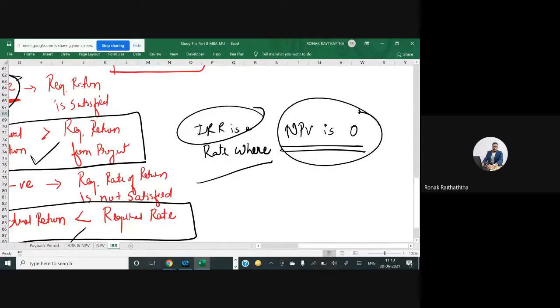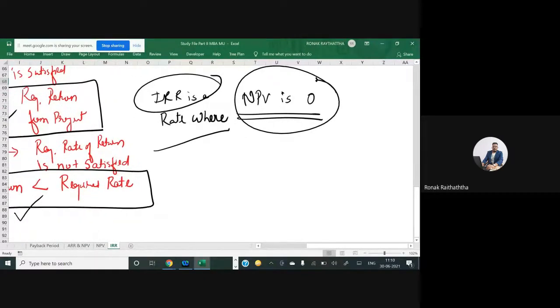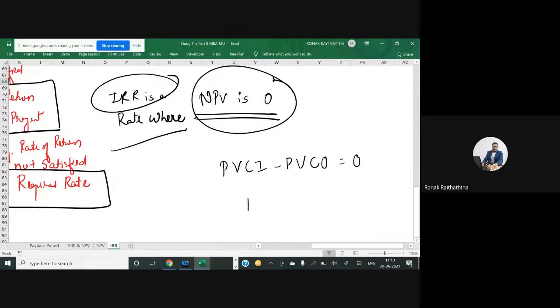Now what is this NPV? Now NPV is basically PVCI minus PVCO equal to 0. So I can also call it like PVCI equal to PVCO.